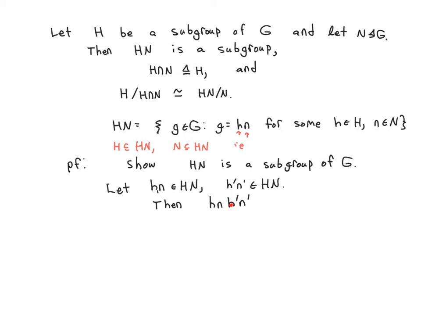So the problem here is we can't move the h prime past the n. But because N is normal in G, we know that N h' is equal to h' N, which tells you that little n h' is going to be equal to h' n''.